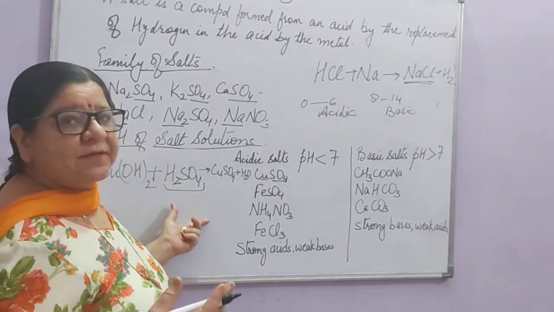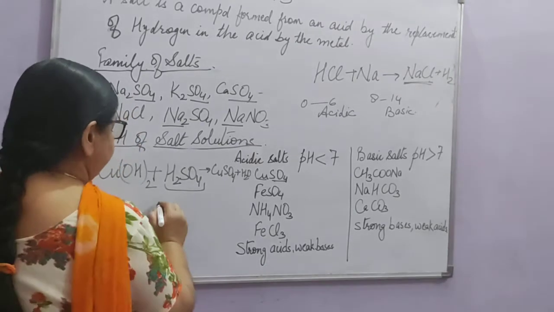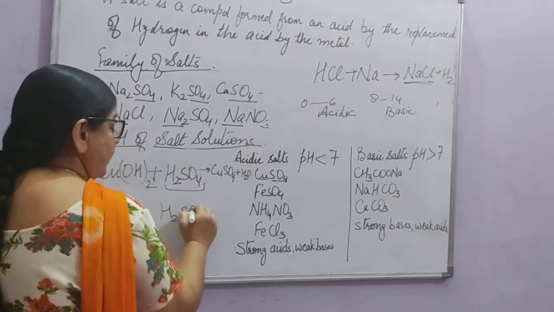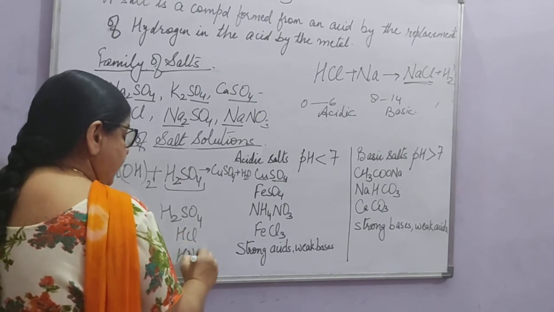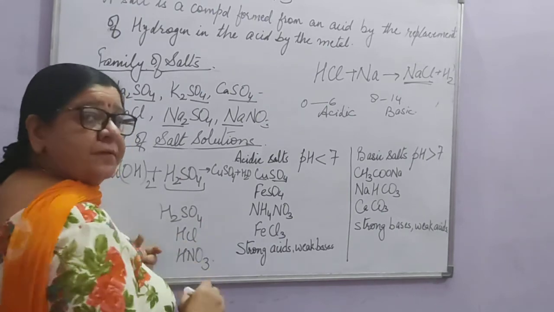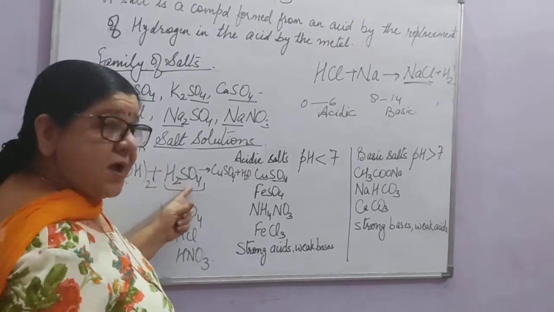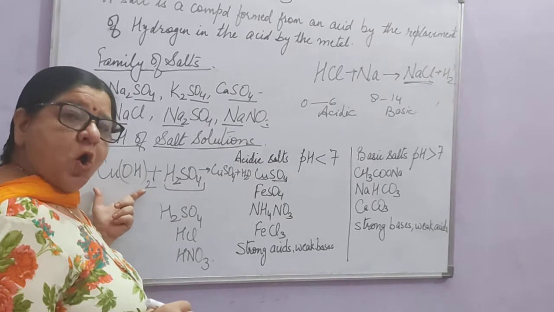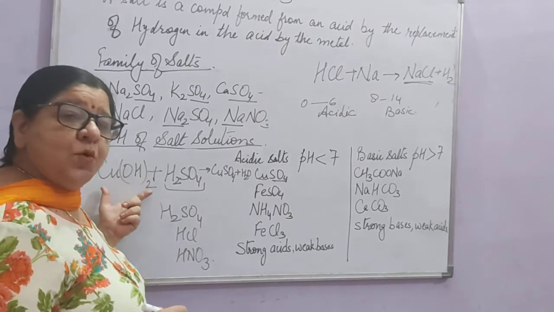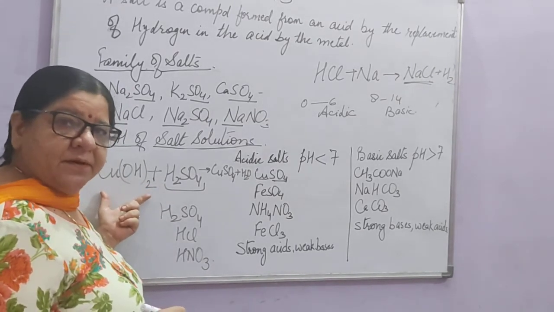All the mineral acids like sulfuric acid H2SO4, HCl, HNO3, these are strong acids, right? So the strong acid, when it reacts with a weak base, copper hydroxide is a weak base, right?